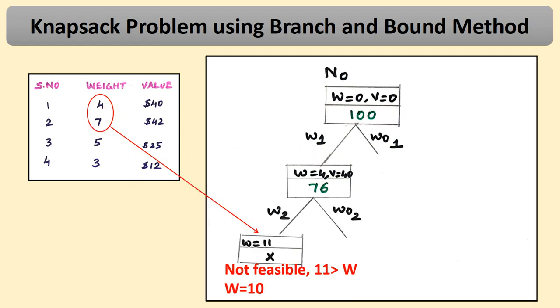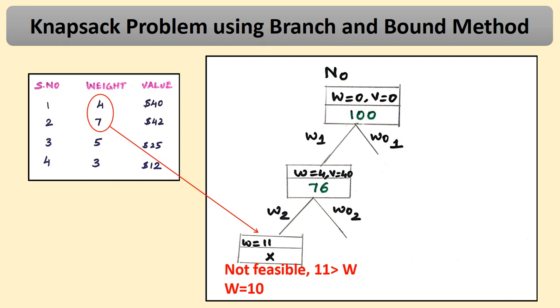Next we have to move to the next node. Whenever you are deriving the new node, you have to retrace, that is, you have to calculate the total weight of that path. Now listen carefully. For node 2, that is for item number 2, the weight is 7. But for node 1, the weight is 4. That means you have to add it. I have mentioned clearly using the diagram.